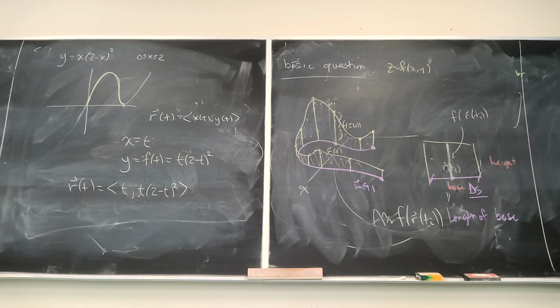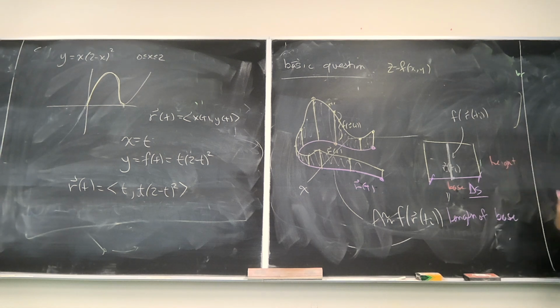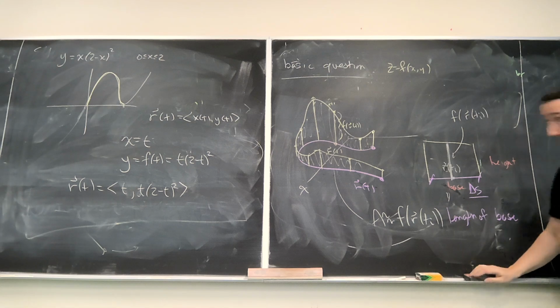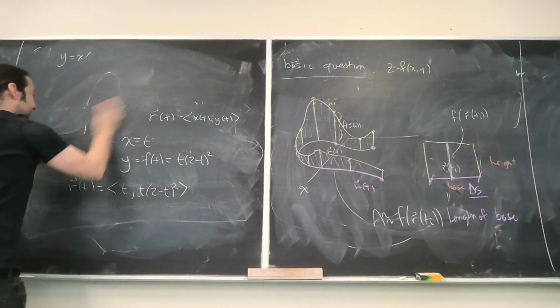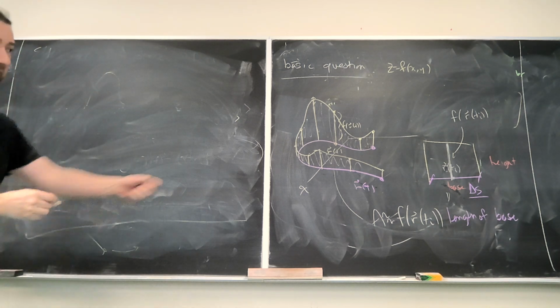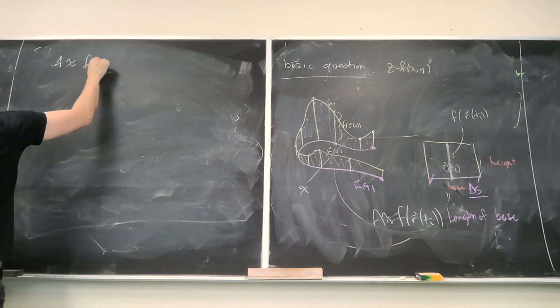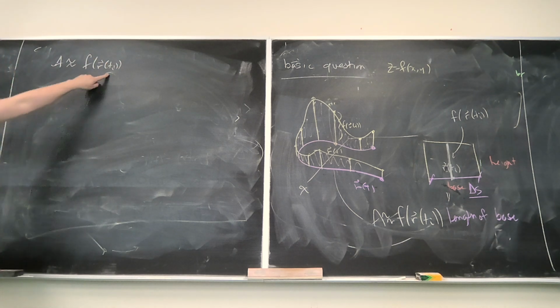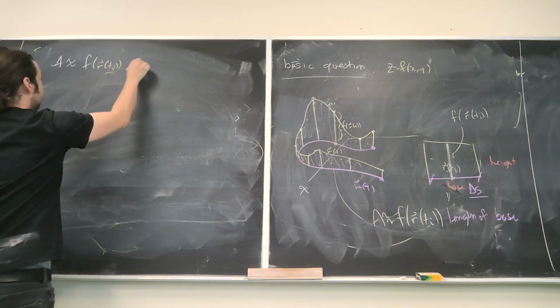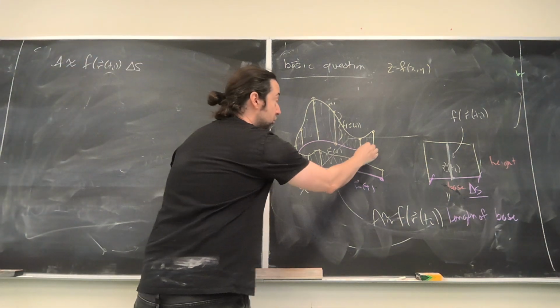And that means that the area of that rectangle, even though it's curved, if I could pretend it was straight for a second, would be about equal to the arc length of the bottom times the height. Okay, so now we're getting places. So the area of our little rectangle is approximately equal to f of r of that value that we chose from the bottom, times a little bit of arc length. And if I wanted to know the area over the whole curve, I can just imagine doing that over and over again.